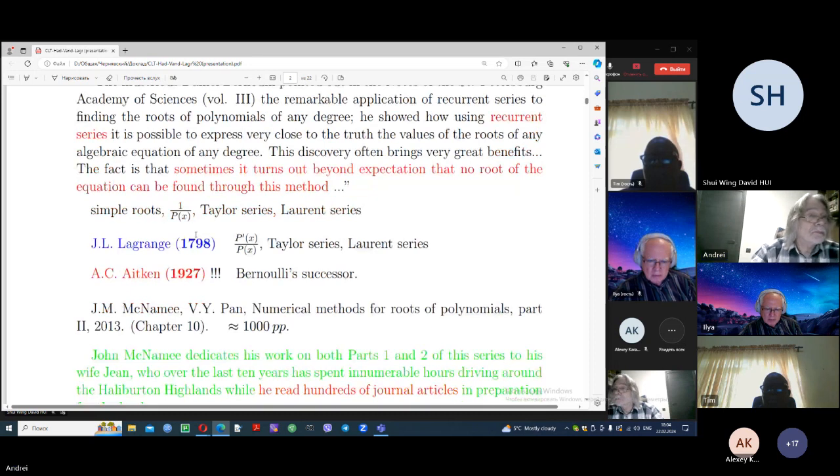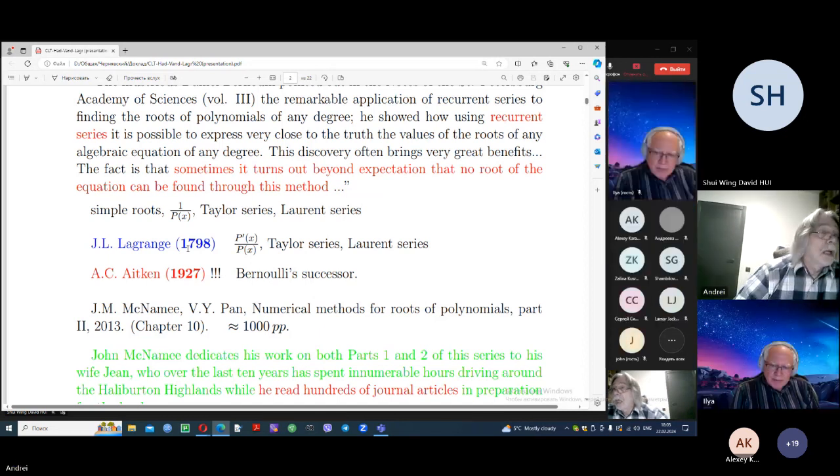Then in 1798, Lagrange considered the ratio of P prime divided by P of x, the derivative, in order to eliminate the multiple roots.